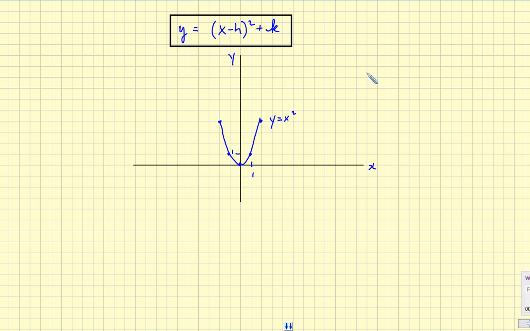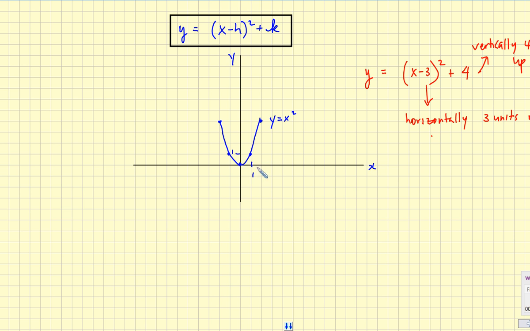So if I have a graph that is y is equal to x minus 3 all squared plus 4, that automatically tells me that my graph is being moved horizontally. It's moving 3 units to the right, and it's going to be moving vertically 4 units up.